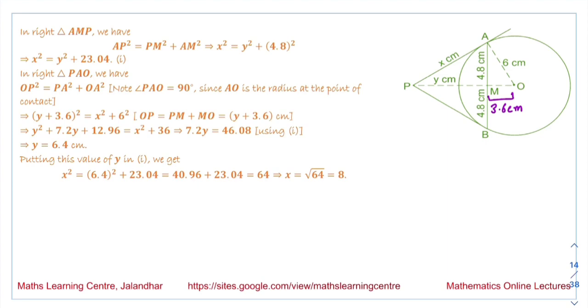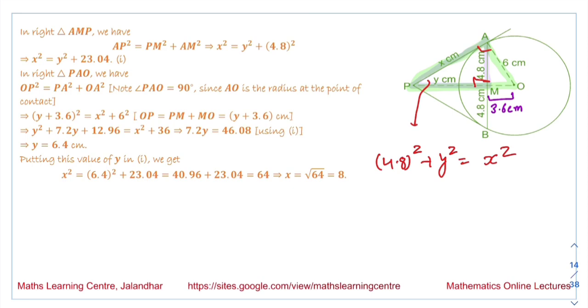To calculate this, we are talking about the two right triangles. One is the right triangle APM, and the second right triangle is APO. This is the right triangle at M and this is right triangle at A. So from the first triangle APM, we have 4.8 square plus y square is equal to x square.